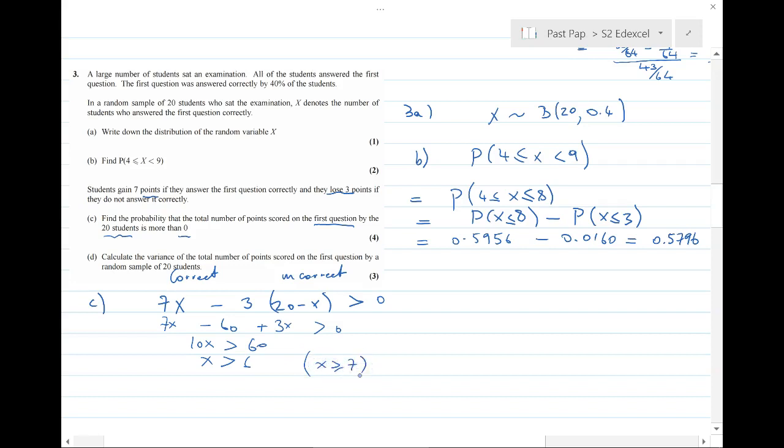So that's what we're being asked for in the tables, which we're going to go to again in a moment. So we're being asked for the probability that x is greater than or equal to 7, which is 1 minus the probability that x is less than or equal to 6. So let's go back to the tables to find that number.